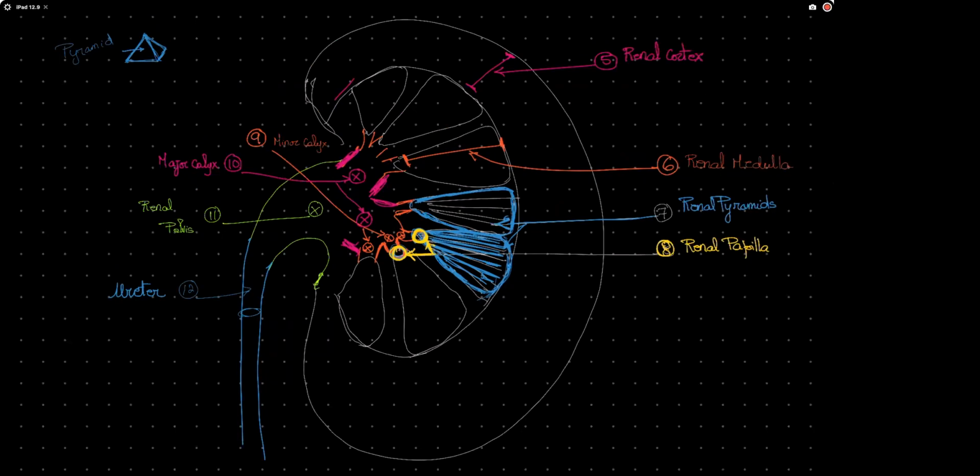All right, so you have it in your PowerPoints. It's repeated information. You just need to understand the definition for each of those structures.